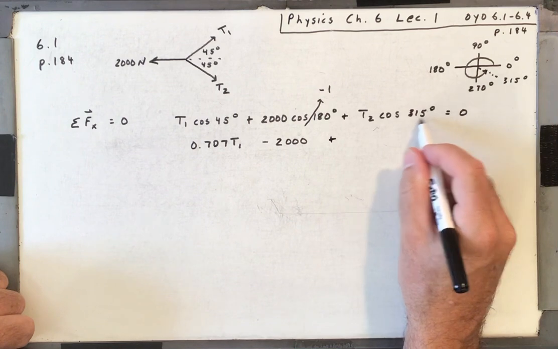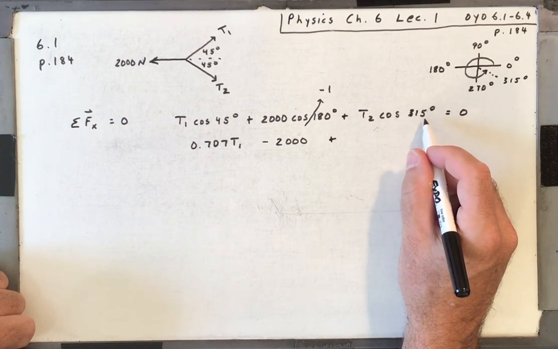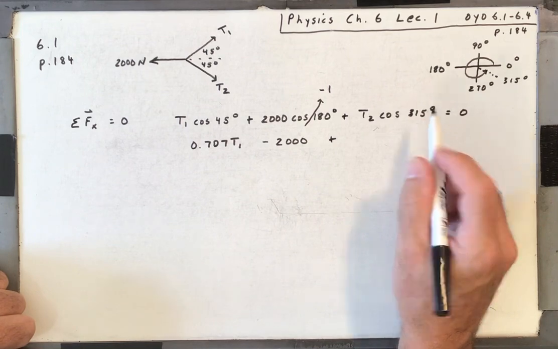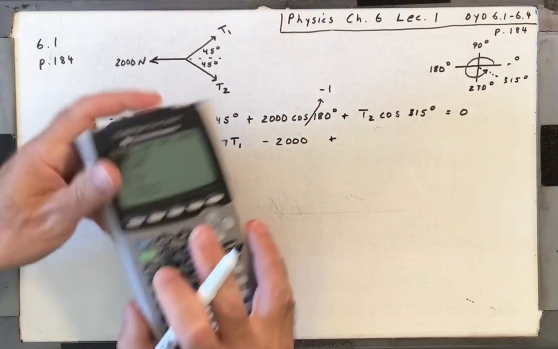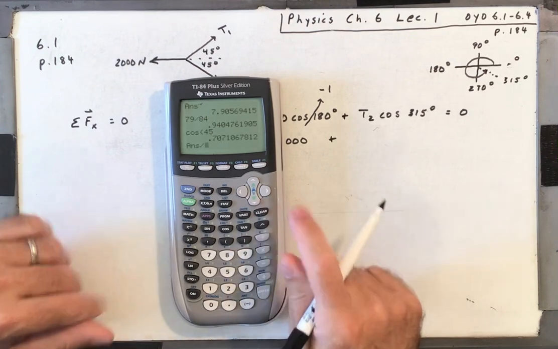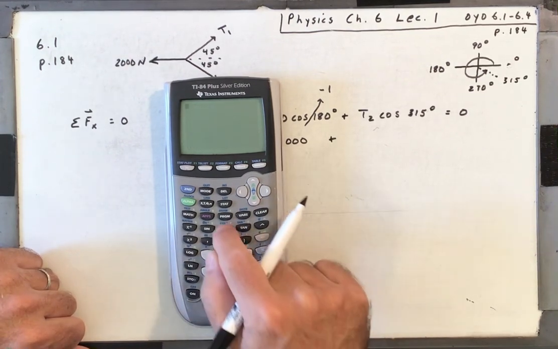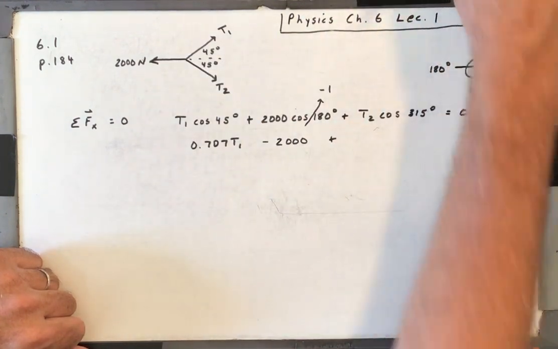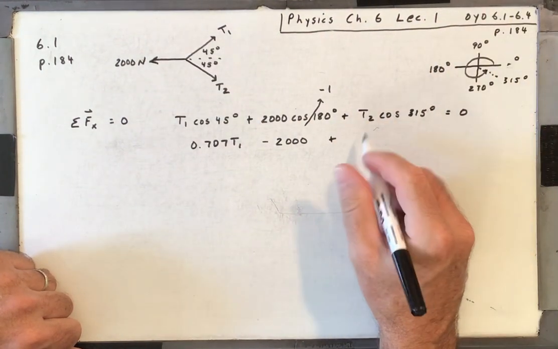plus, if you put cosine of 315 in, you will get that is also 0.707. All right, so cosine 315, 0.707, because cosine's positive in the fourth quadrant.